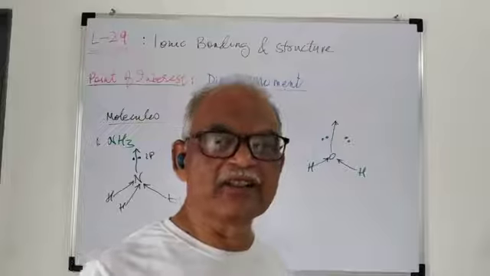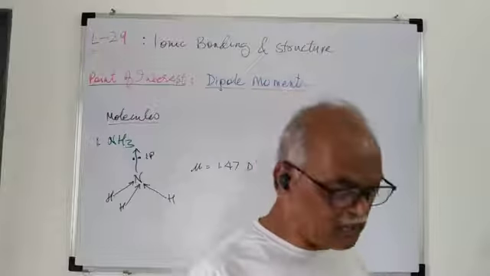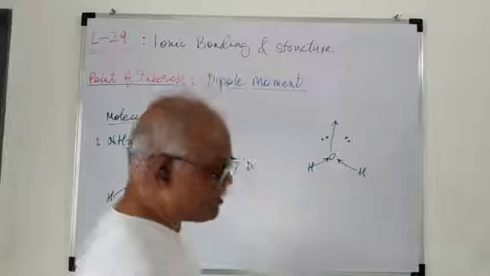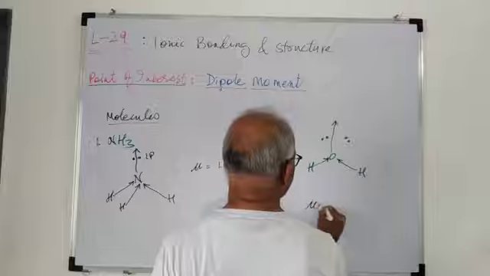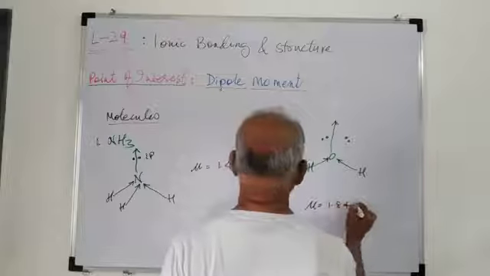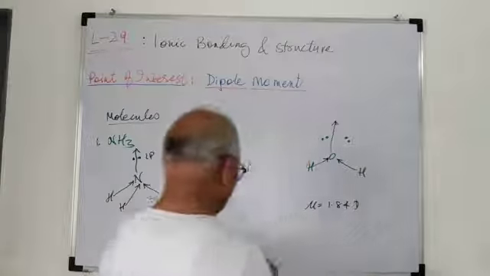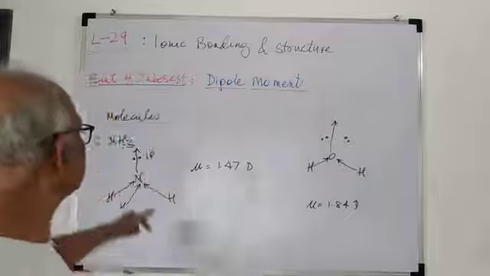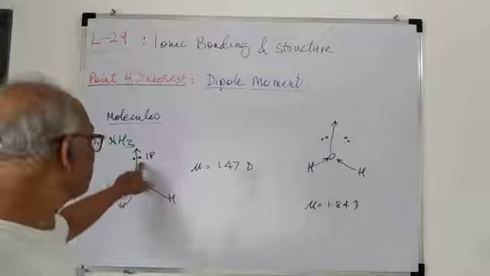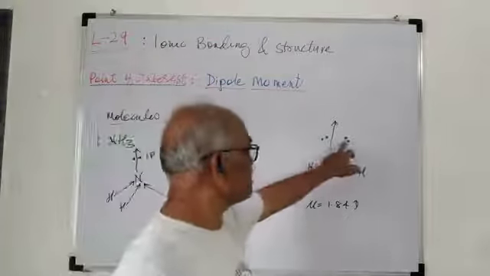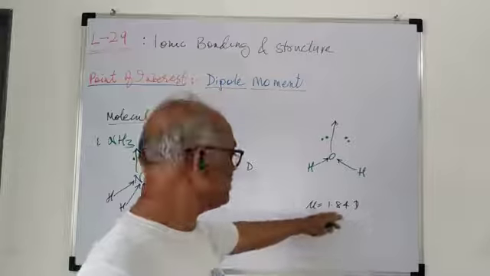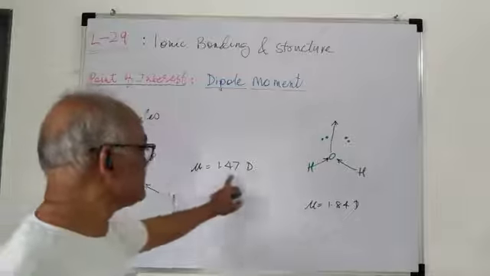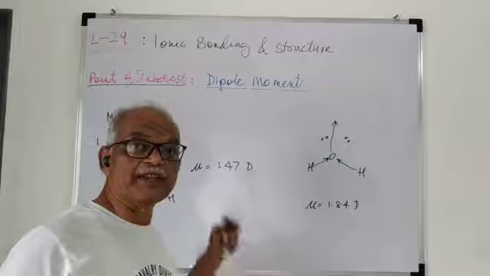The net dipole moment of the molecule is 1.84 D. In NH3 the lone pair is 1, here the lone pairs are 2, so the net dipole moment is higher.